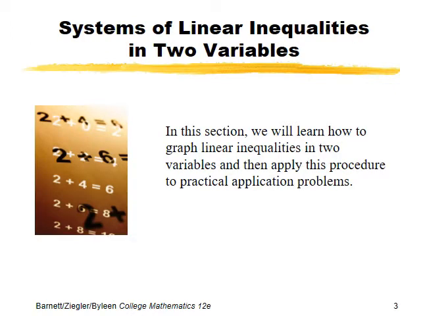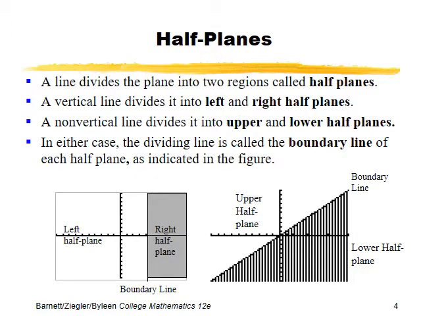In this section, we will learn how to graph linear inequalities in two variables and then apply this procedure to practical application problems. So, linear inequalities normally deal with upper and lower half plane or left or right half plane. A line divides the plane into two regions called half planes. A vertical line divides it into left and right half planes.